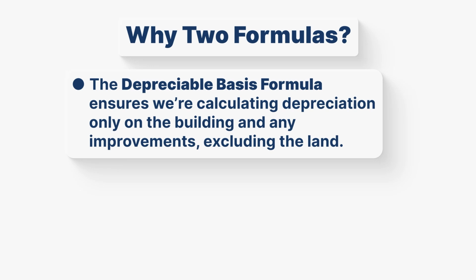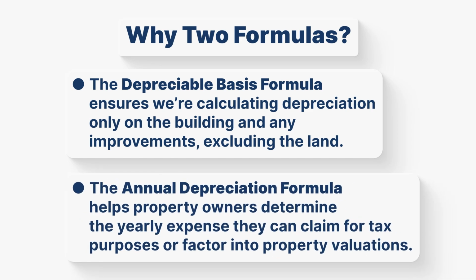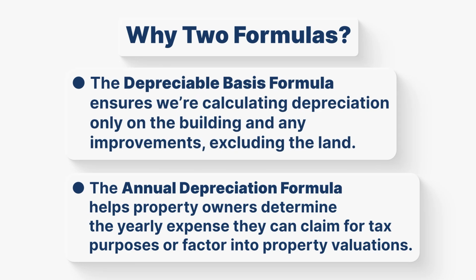Why two formulas? The depreciable basis formula ensures we're calculating depreciation only on the building and any improvements, excluding the land. The annual depreciation formula helps property owners determine the yearly expense they can claim for tax purposes or factor into property valuations.